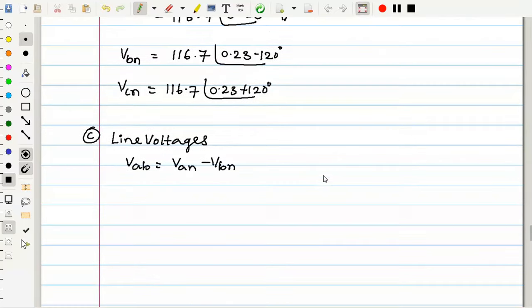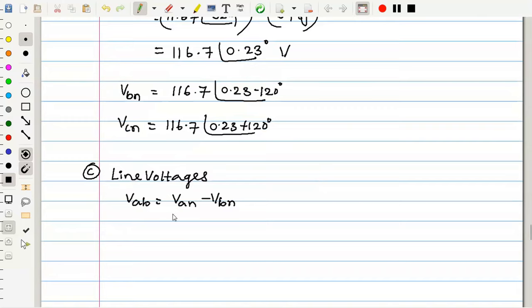I am only shouting, nobody is responding. 116.7 at an angle of 0.23 minus VBN, which is 116.7 at an angle of 0.23 minus 120.